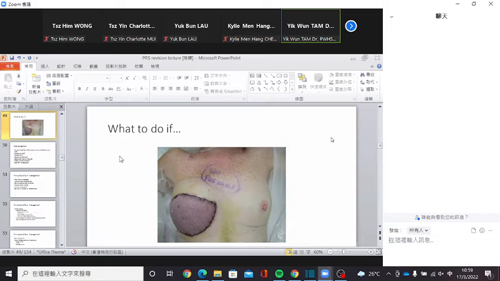For an arterial inflow problem, there is inadequate blood flowing into the flap to support it. For venous outflow problems, the venous drainage is inadequate, so the flap gets congested. Which one do you think it is? Is it an arterial problem or a venous problem? I think it's a venous problem.